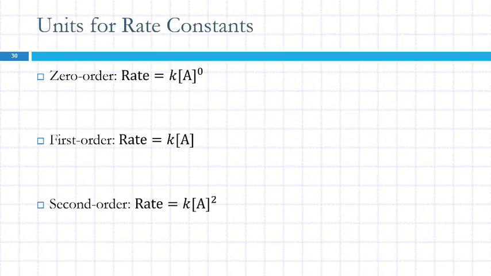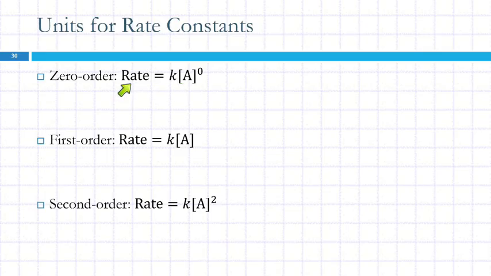Let's look at the units for rate constants. You could memorize these. For me, it's just easier to figure them out. I don't need them that often, and I'm going to show you how you can just figure it out. It's actually fairly quick. So here we have the zero order rate law.